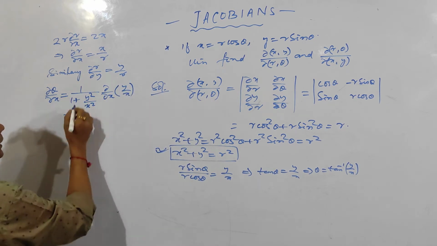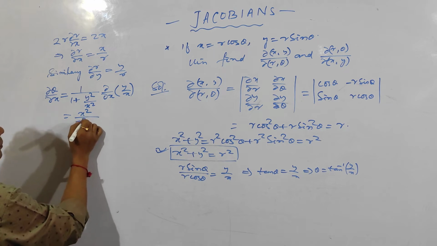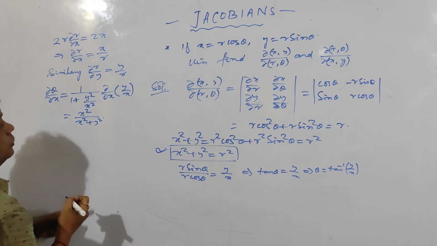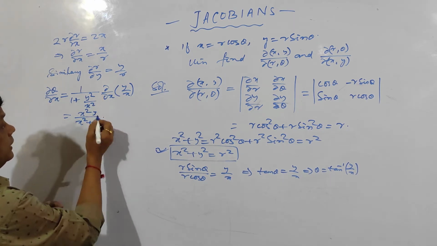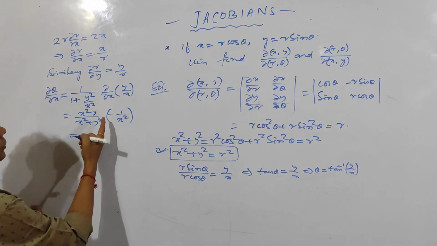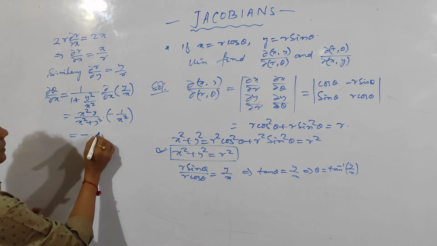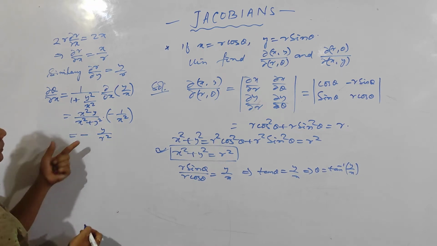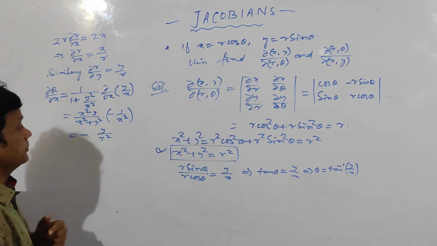So take the LCM and take the x square to the numerator. It becomes x square by x square plus y square into, take y outside and derivative of 1 by x is minus 1 by x square. Here. So x square cancels out, minus y by r square, because x square plus y square is r square.